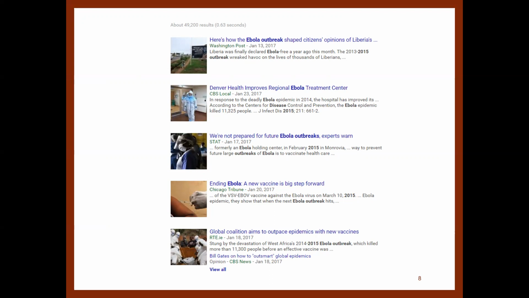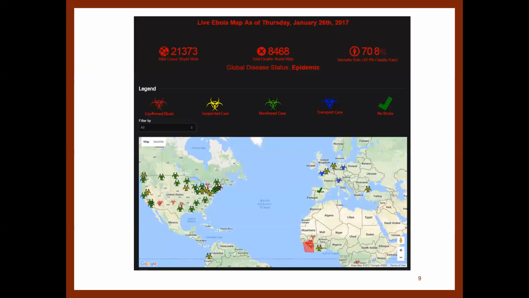By January 17, I think I have some information here. This was for January 26. We can see this representation, this dashboard showing where some of the cases were located. There were about 21,000 total cases in the world. The mortality rate was pretty high, 70%, almost 71%.